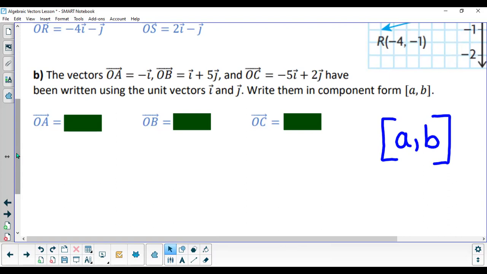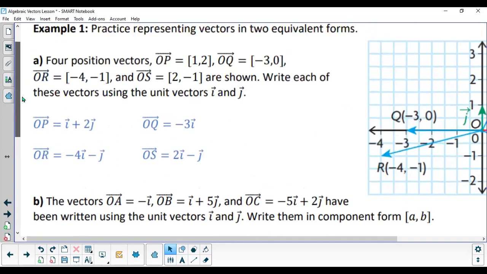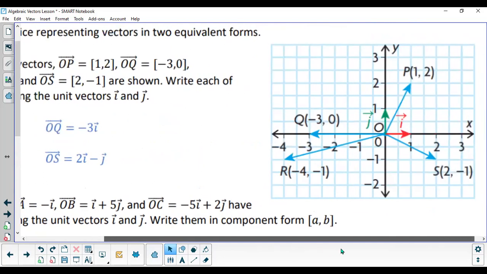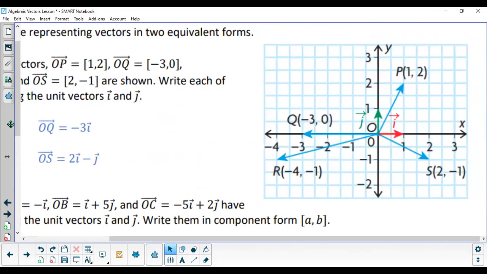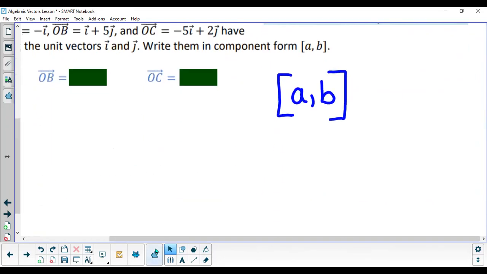Does anyone know? So it always represents the tip of the vector. So if I have just -i by itself, that means I only have a horizontal component. And if I look at my actual diagram here, oh, okay, those are not illustrated.